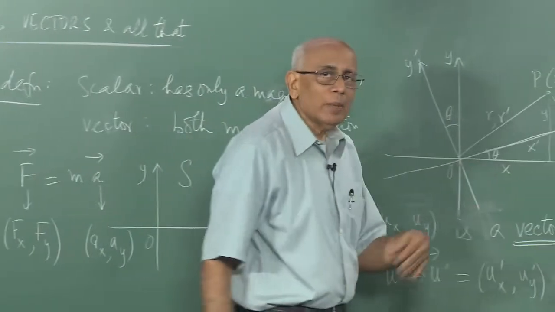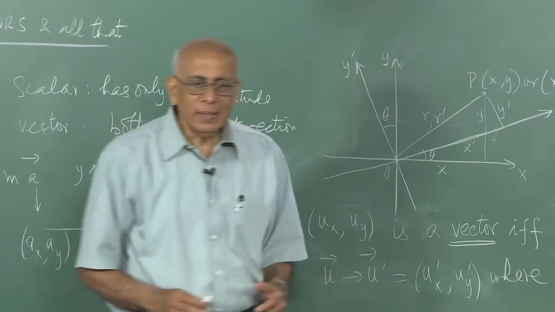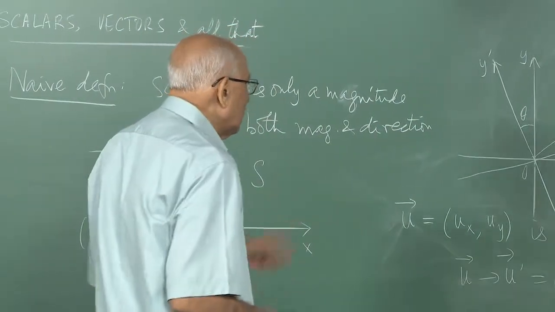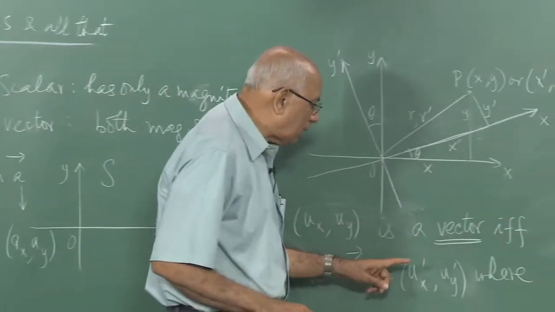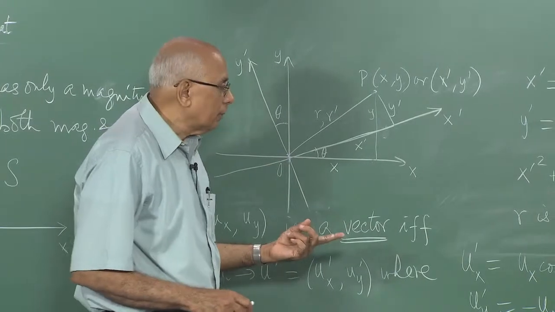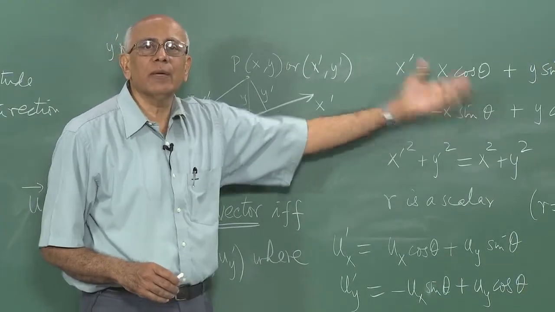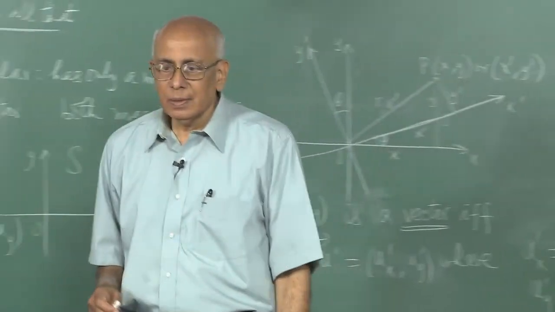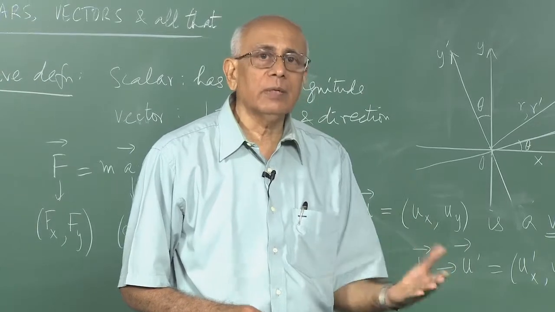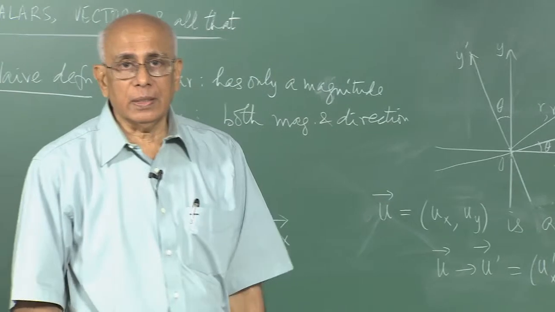Therefore, any two arbitrary quantities, if you put them next to each other inside a bracket, cannot form a vector. A vector occurs only when the pair is such that under a rotation the pair transforms in precisely the same way as the position vector itself does. So it is with reference to the transformation law of a position vector, a point in space, that we define a vector itself.